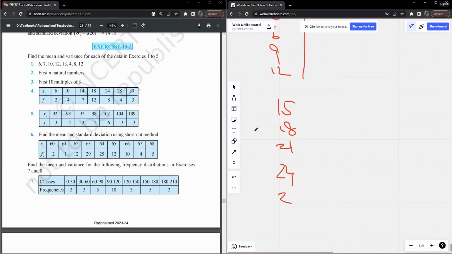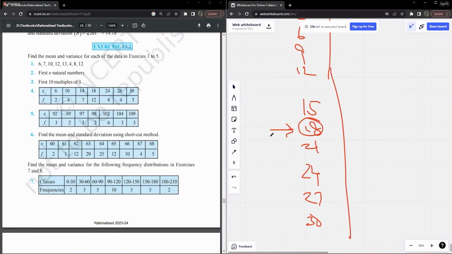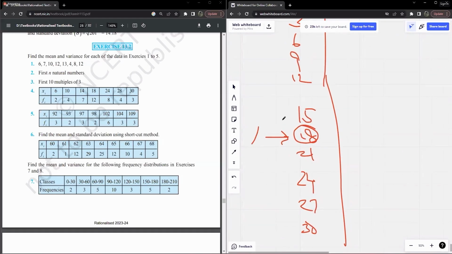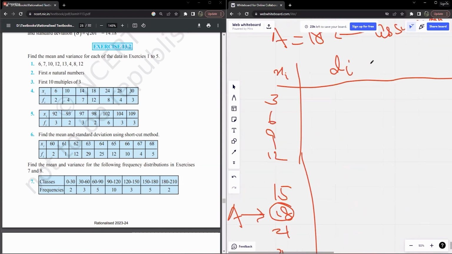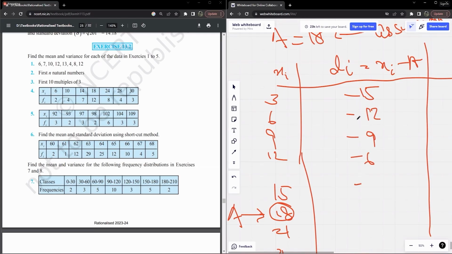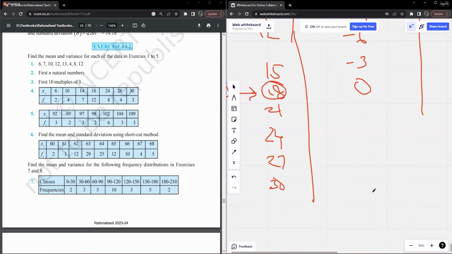This is the assumed mean A. So if I have xi over here, then di is going to be xi minus A, which is xi minus the assumed mean. It's going to then be minus 15, minus 12, minus 9, minus 6, minus 3, 0. And then 3, 6, 9, and 12.